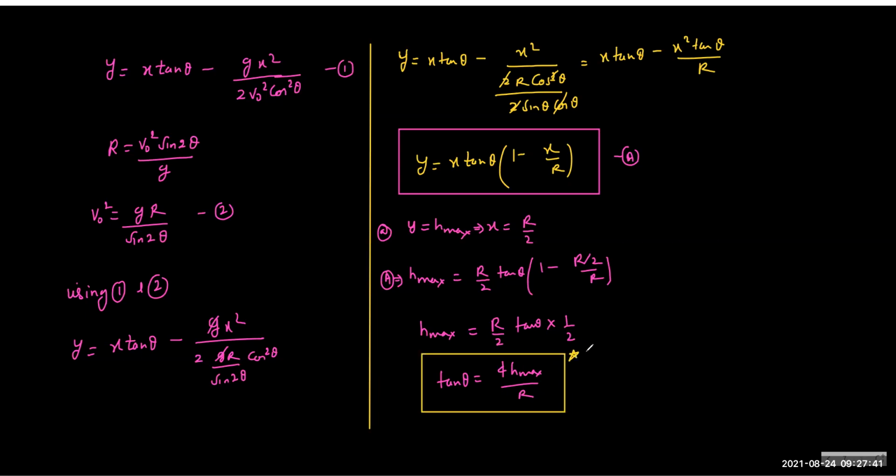Sir, why did we take x equal to r by 2 for h max? Because of the symmetry of the parabola. So if you are throwing some object, the h max happens exactly at the middle point, right?